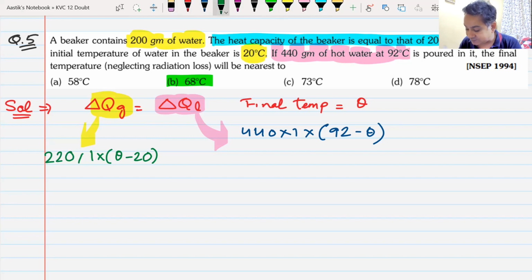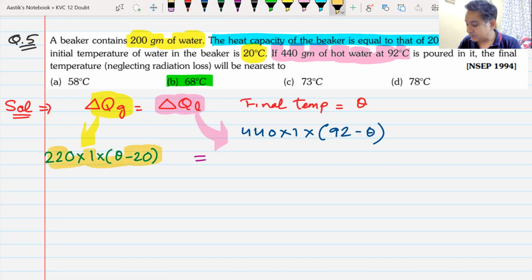Do we understand this? This 200 is for water and this 20 is for the beaker. Yes, sir. So this must be equal to this.